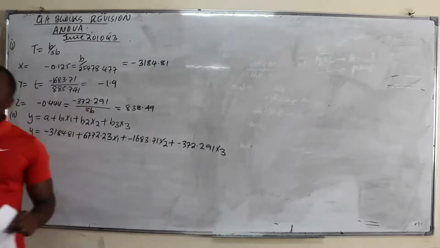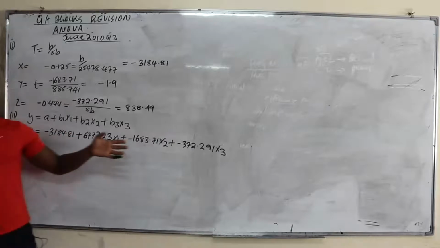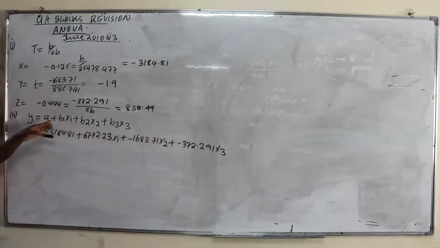And how do we interpret the model? In some cases you'll be told to interpret the model. In this case, our A is how much? Negative 3184.81. What are you predicting? What does Y represent in this case?